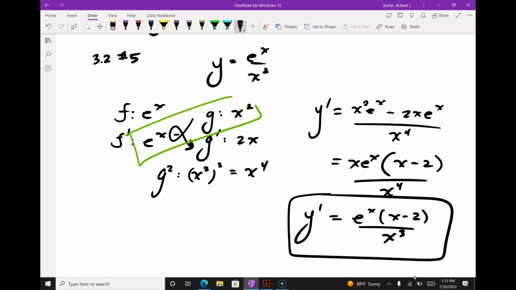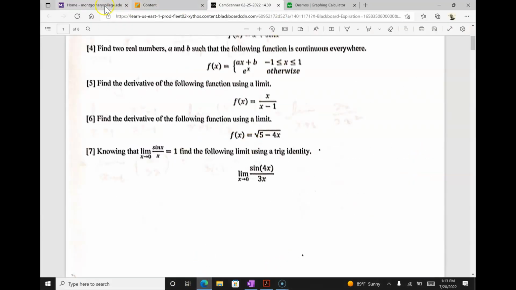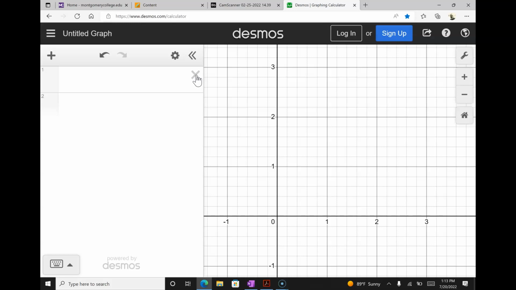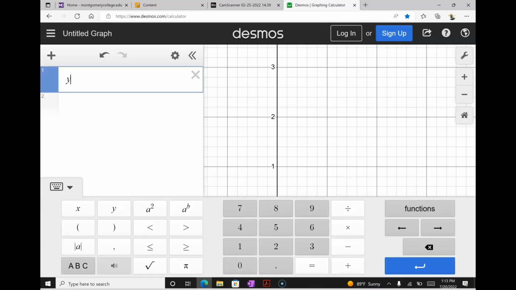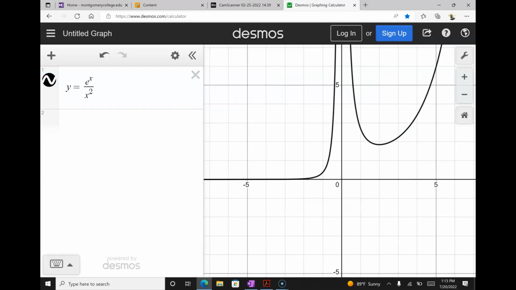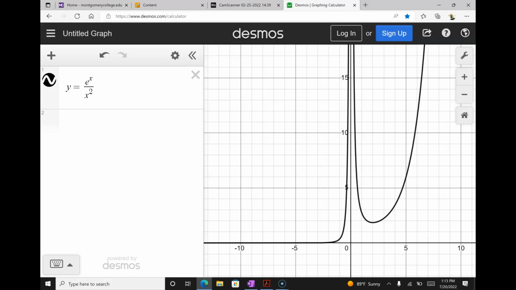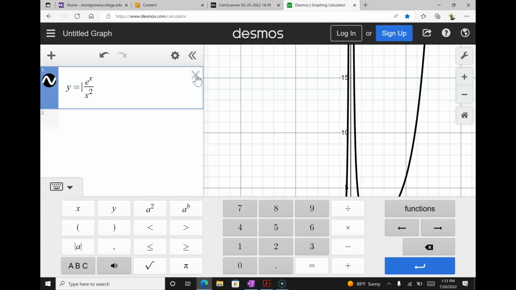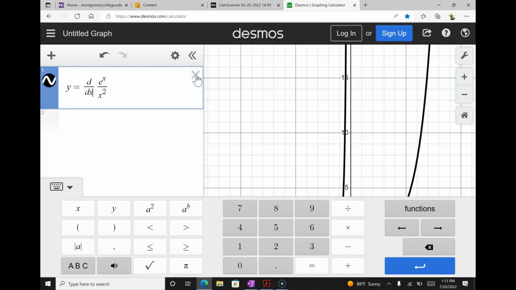Let's double check on Desmos that we have this right. So my original function was y equals e to the x over x squared. And I want to take the derivative of that with d divided by dx.